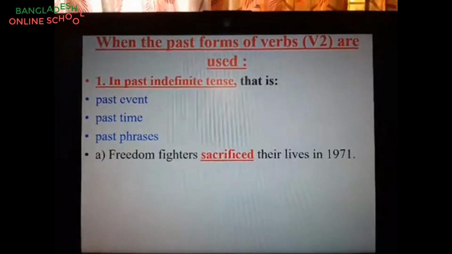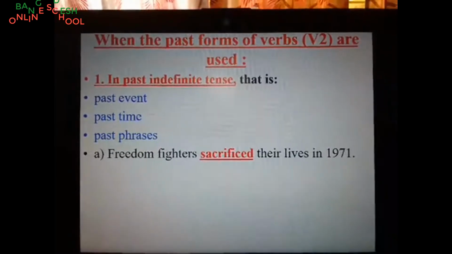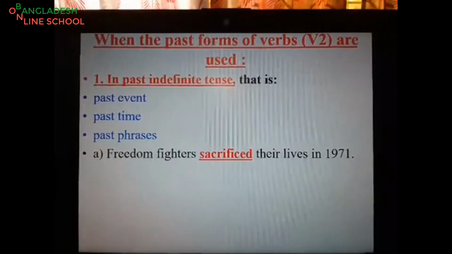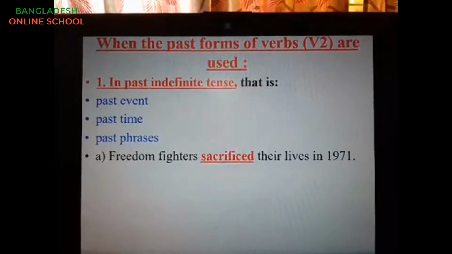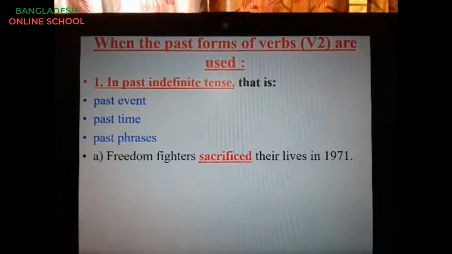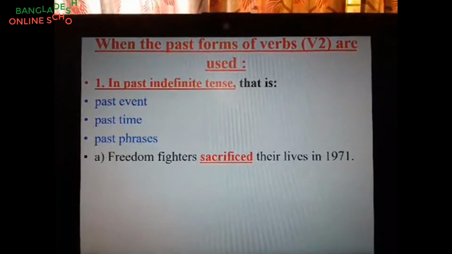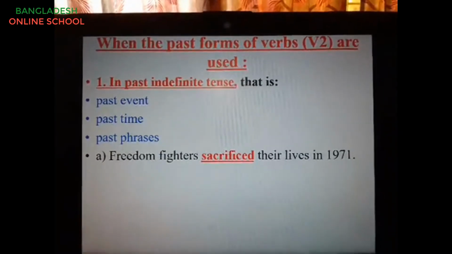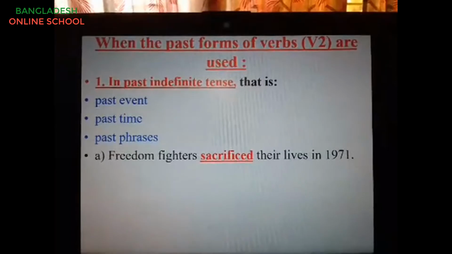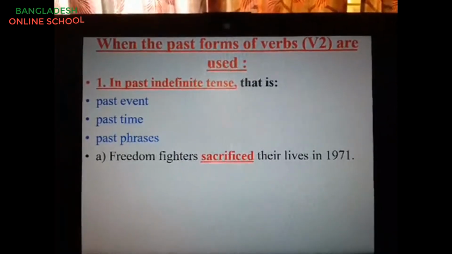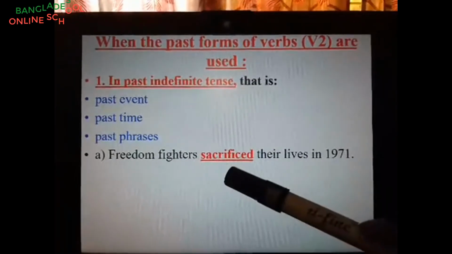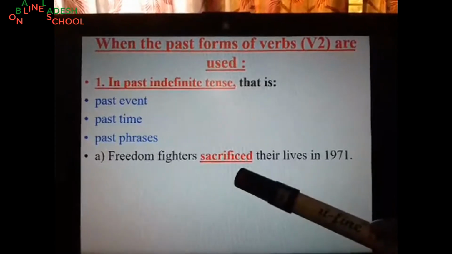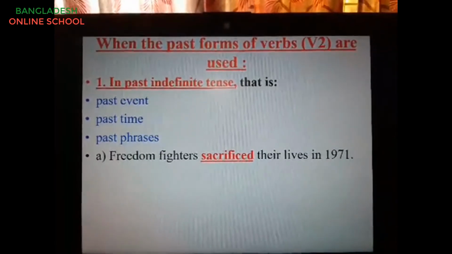You see, freedom fighters sacrificed their lives in 1971. In this sentence, a past event is described. That is why here the verb sacrificed is used as past form, because here a past event is described.